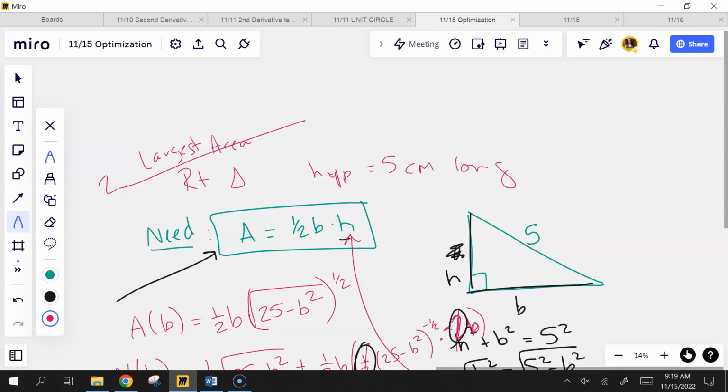Yes, but you couldn't be negative initially. You see what I'm saying? It would satisfy the Pythagorean theorem, but it wouldn't satisfy being a triangle.